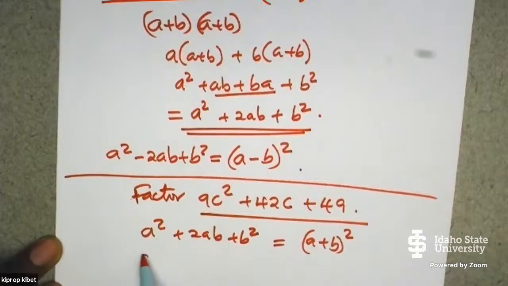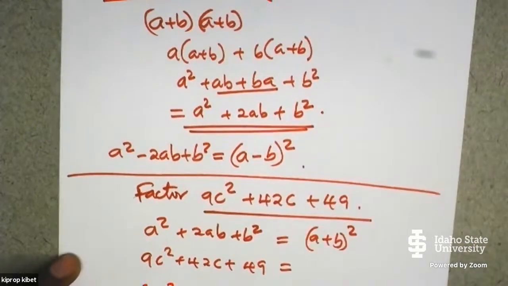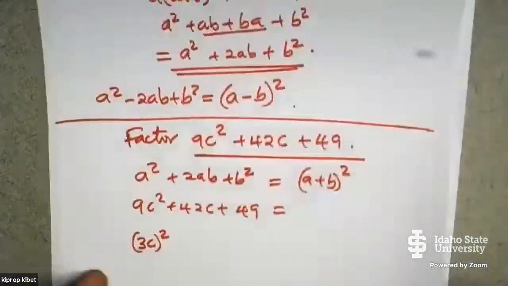Looking at this, we have 9c squared plus 42c plus 49. So what can we get there? Here it is 3c, and then we square, so 3c squared.